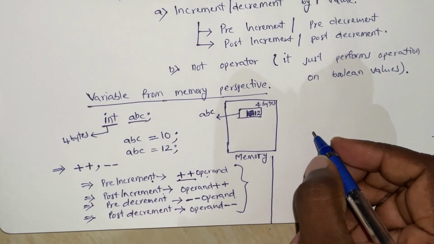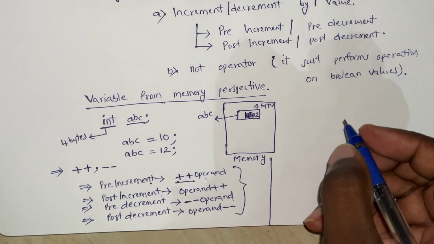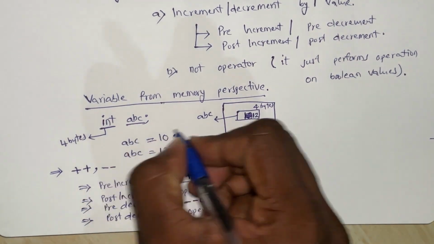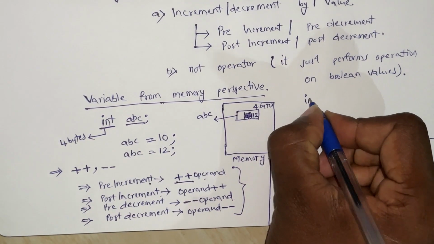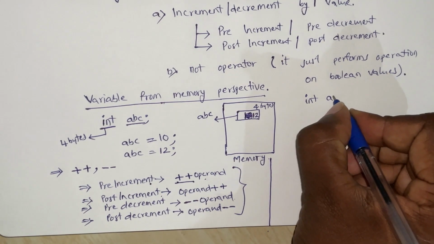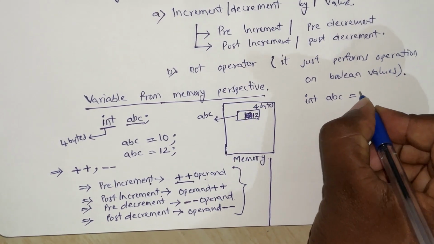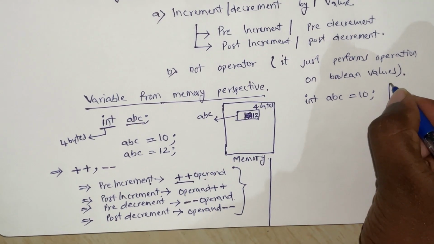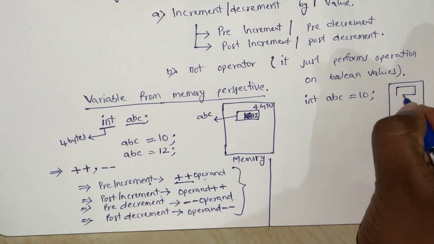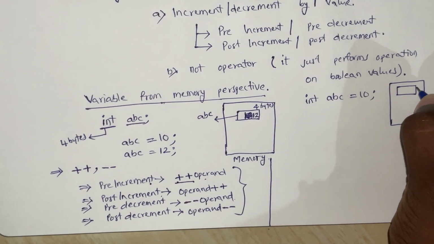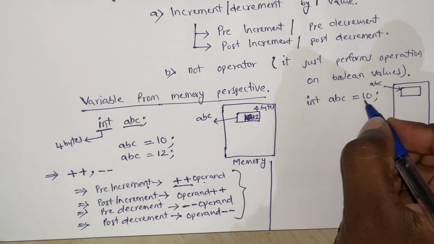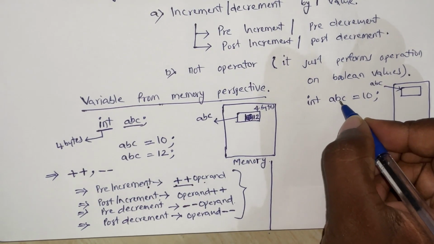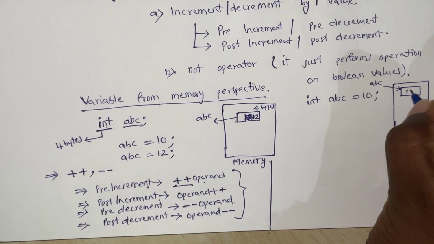We will take an example so you will be very clear about this. In the same abc variable I am creating int abc equal to 10, assigning 10 directly. In the memory space, consider this is the abc memory location, so 10 is put over here.